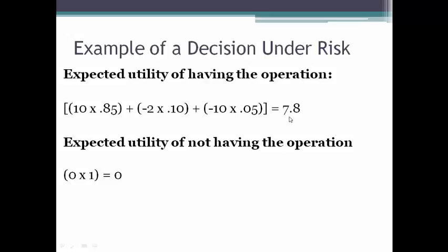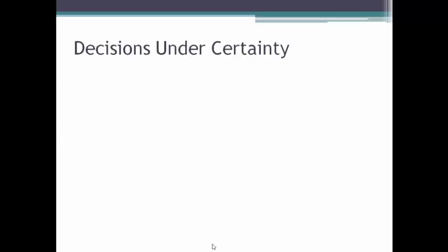And that gives you 7.8, whereas the expected utility is 0. So here, at least, if the utility assignments you gave are somewhat accurately reflective of your actual preferences, it seems like a pretty clear decision to go ahead and have the surgery.